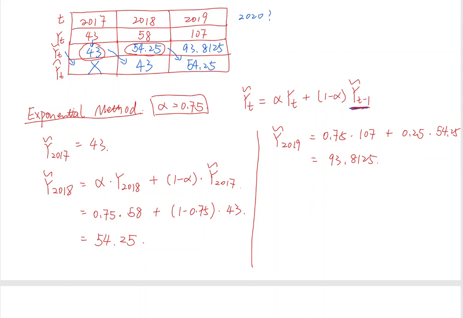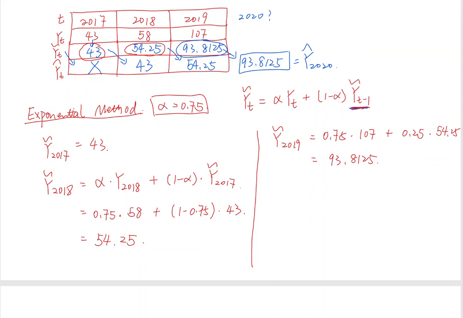So what is the predicted value for 2020? It will be just this, 93.8125, the predicted value for 2020.